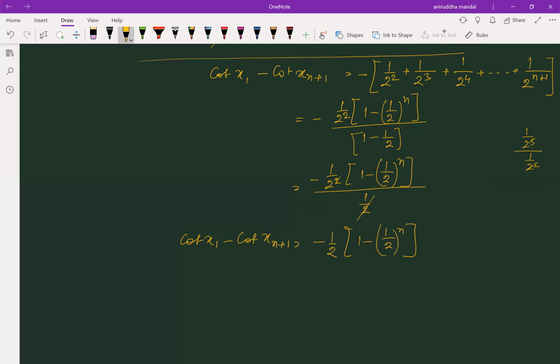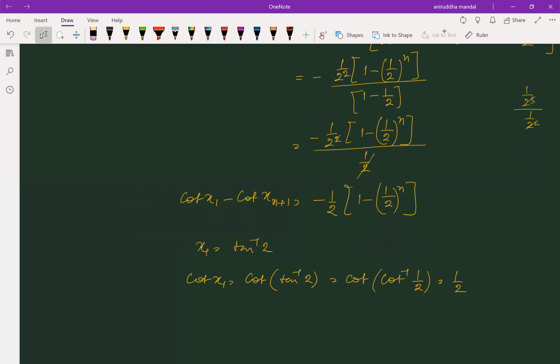Now x1 is given as tan inverse 2. So cot x1 means cot of tan inverse 2, which we can write as cot of cot inverse 1 by 2. So cot x1 is half. So we have half minus cot x_{n+1} equal to half times (1 minus 1 by 2 to the power n).